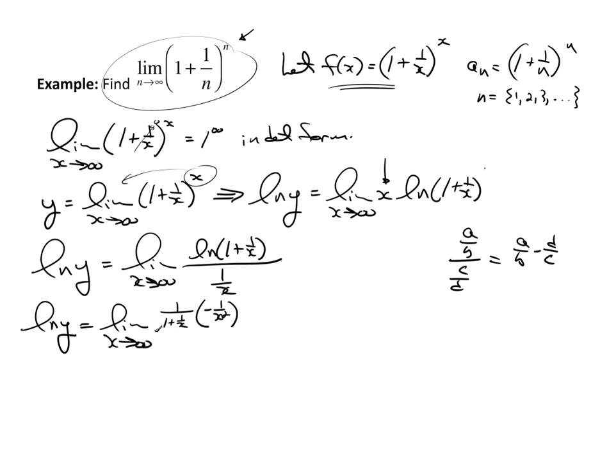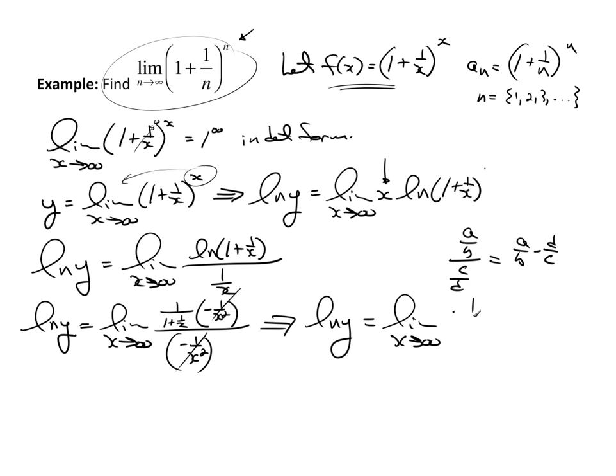That's the numerator. The denominator is going to be a negative 1 over x squared. So these will obviously cancel. So ln y is equal to the limit as x goes to infinity of 1 over 1 plus 1 over x.